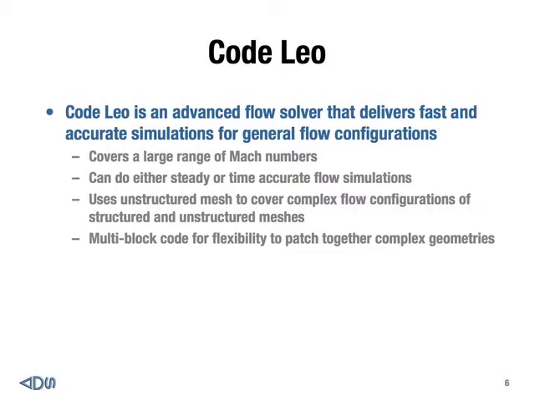The code can do both structured mesh and unstructured mesh, and do it efficiently using advanced convergence technologies. We also make it multi-block so that you can stack many cases together to run serially or break them all out to run in parallel.